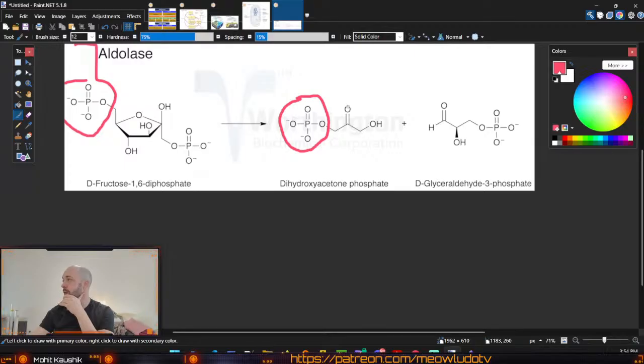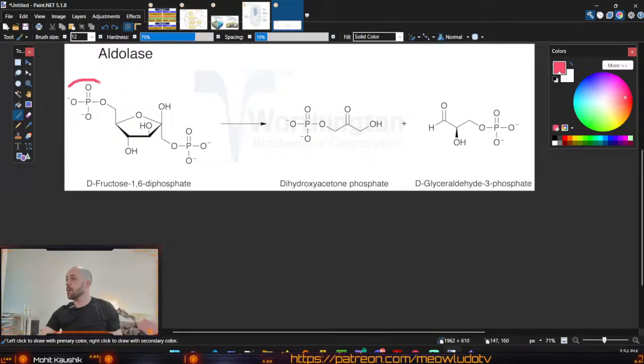Okay, that can work. 3 carbon, alcohol. But there's this oxygen here with a double bond. It only has a single bond here. What we're going to do is include it. So that's 1 molecule.